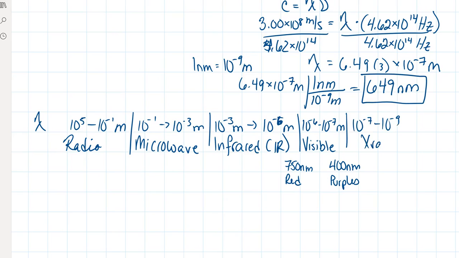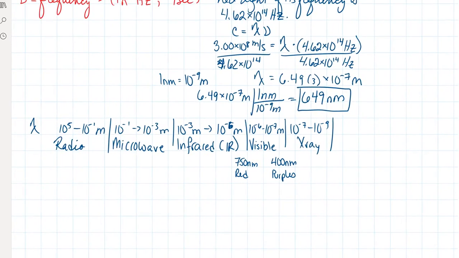It's where we have X-rays. And to keep going, we then have our last one where we have 10 to the negative 11th, all the way down to 10 to the negative 15th meters. And this is where we see things like gamma radiation. So when we're taking a look at some of these values, we're going to observe that we have different types of radiation based on their wavelength.